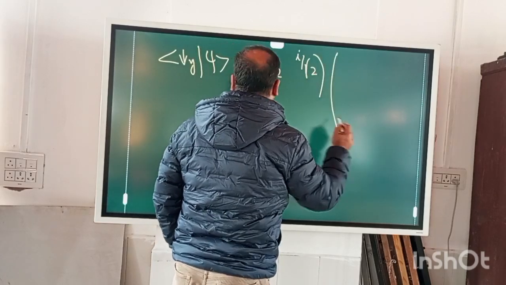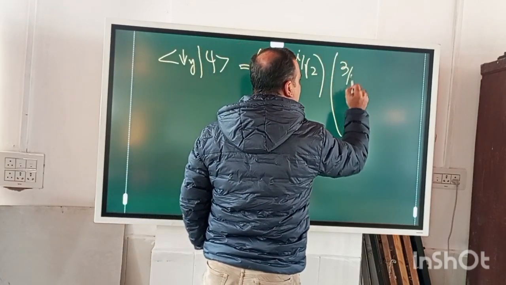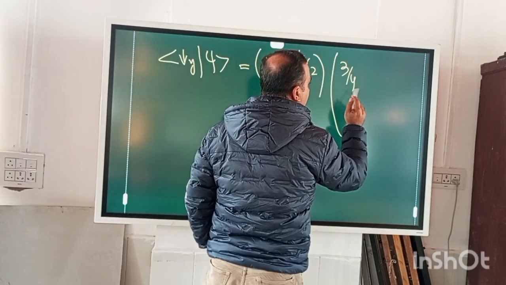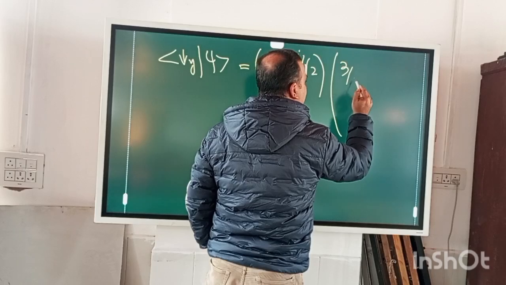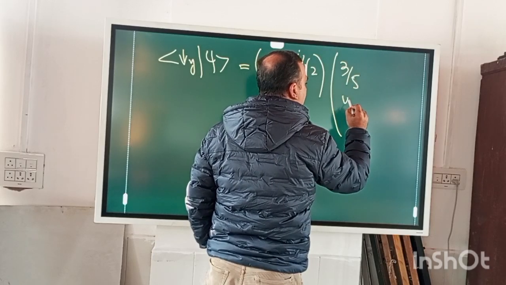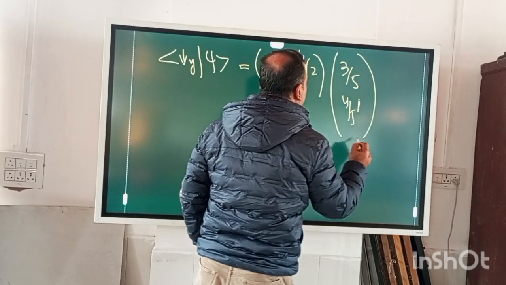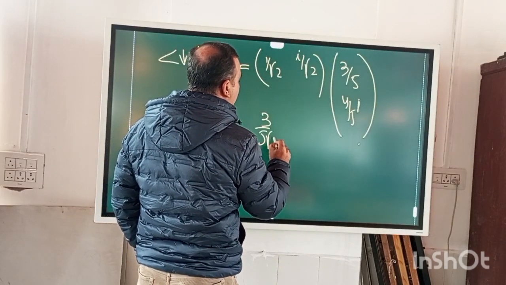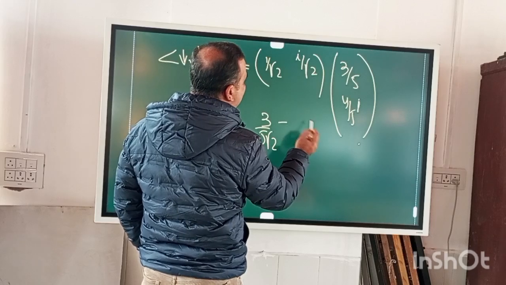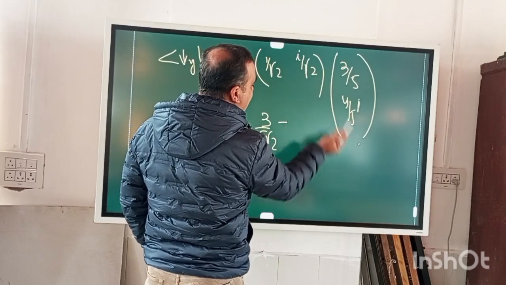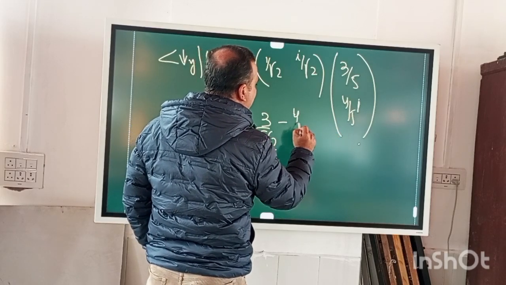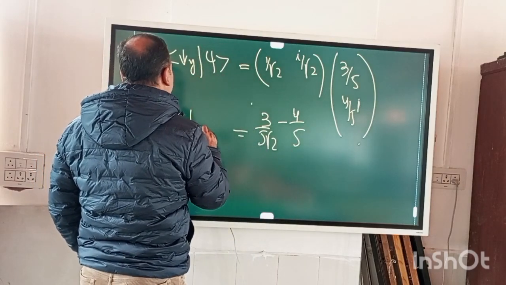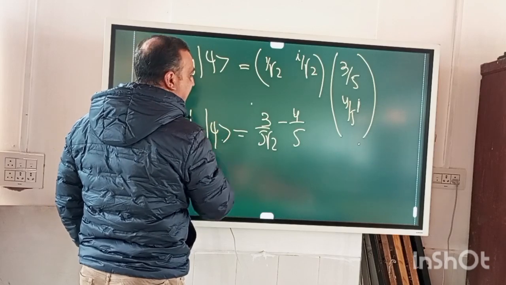So you will have a column vector for psi, that's 3 by 5, then we have 4 by 5i. So what we'll get is 3 by 5 root 2, and then you will have minus, either scatter will give me minus 1, so this is minus 4 by 5. So that is my spin down along y acting on psi.